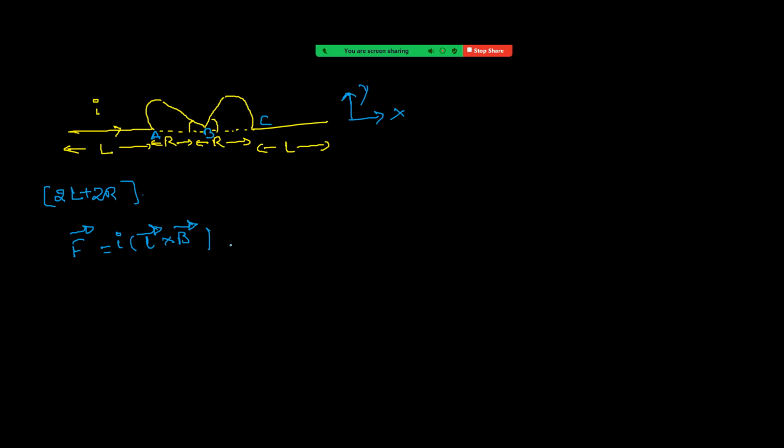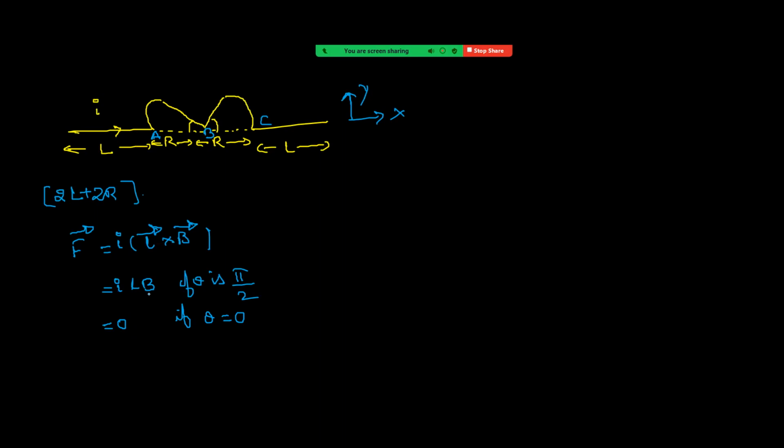So coming to B bar, if B bar is along y-axis or along z-axis, only condition is between these two vectors, if angle is 90, then it is I into L into B. If theta is 90, theta 90 means B bar can be along z axis or along y axis, right? And this is equal to 0 if theta is 0. Its meaning is B bar is along x axis, right?